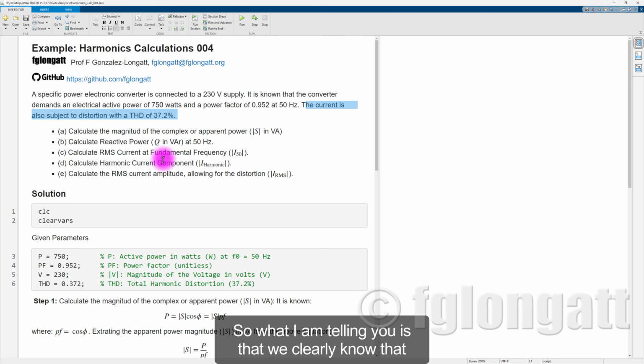So what I am telling you is that we clearly know that there is a harmonic distortion, and the global indicator for that is the THD, total harmonic distortion, and in this very specific case, this is 37.2. So there are several questions over here.